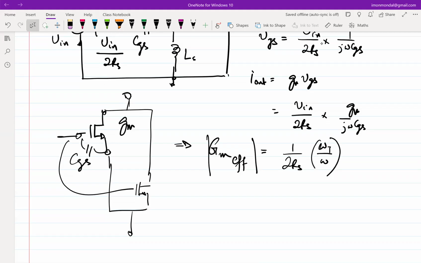Increasing W while keeping the same overdrive means that I can take another transistor and put it in parallel. So will it increase the effective GM over CGS? No, it doubles the GM, it doubles the CGS. So the effective GM over CGS cannot increase. Simply increasing W over L is not going to give you increased GM over CGS, increased omega T.